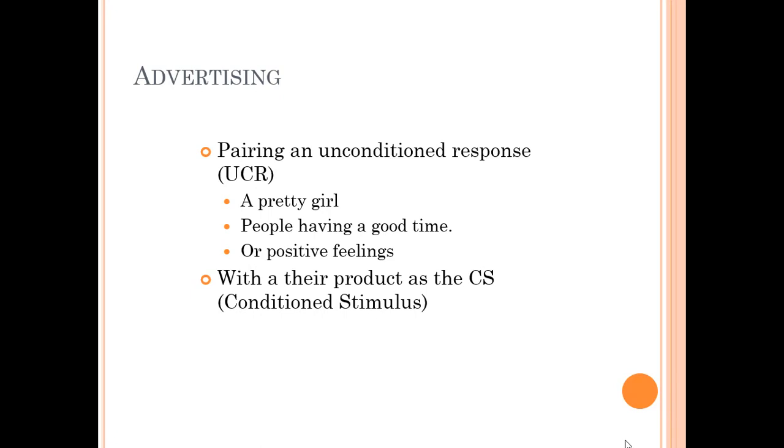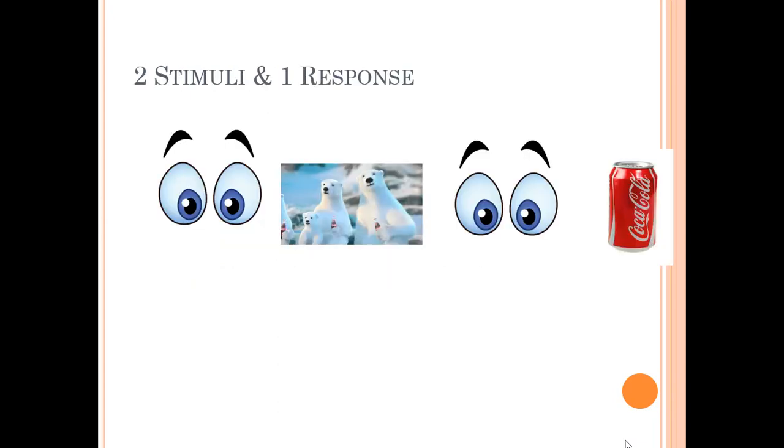And so what's happening is a little more subtle and has everything to do with classical conditioning. So let me show you an example here. We still need two stimuli to work.